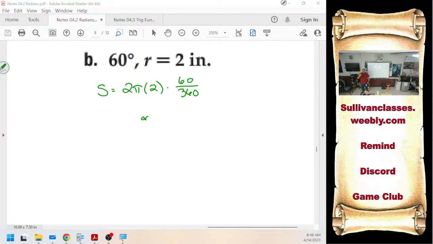Or what? 60 degrees is how many radians? How far of the way to pi is it? It's pi over 3. Okay? Or I could say the arc length is just pi over 3 times 2.